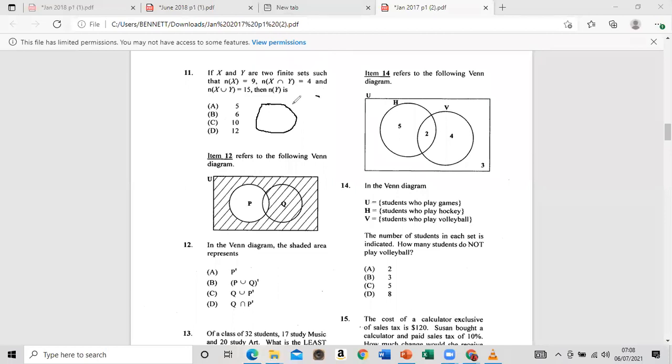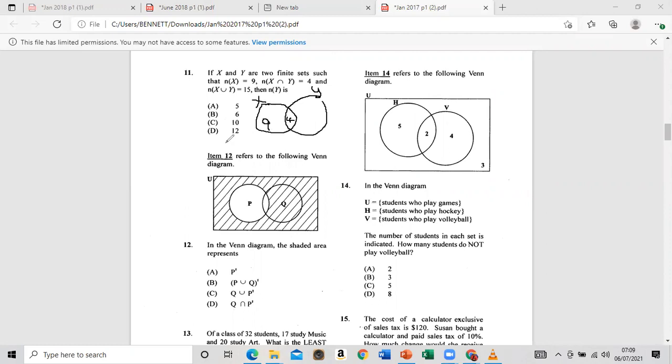Alright, so let's draw the two circles. So the number in this one is x, this one is y. First, we put in the information that we're given. So the intersection is 4. The number in x is 9. We're asked to find the total, right?